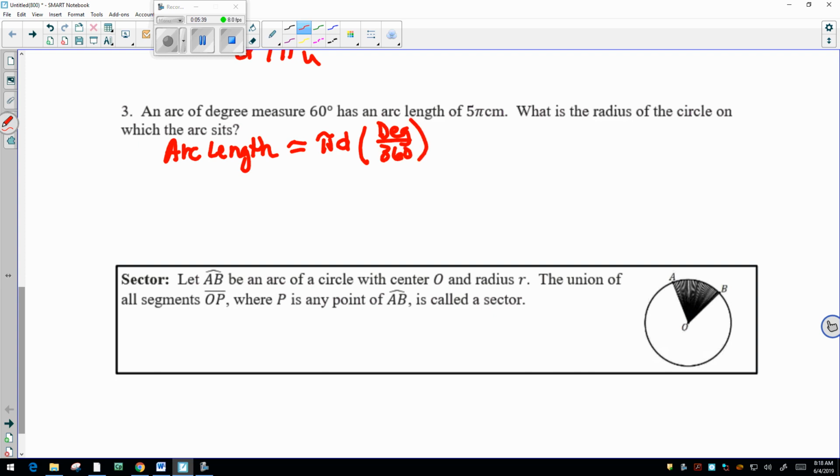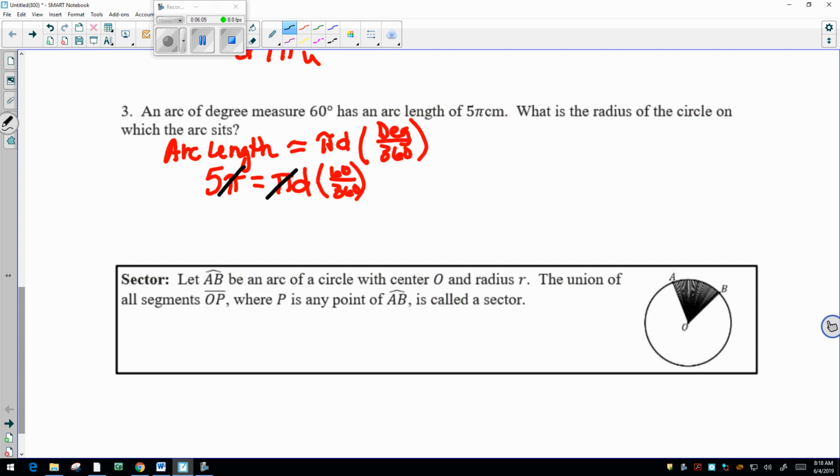They've given us the arc length of 5 pi. We don't know the radius, so I'm going to leave this as pi times diameter. And we know it has a degree measure of 60, so we have 60 over 360.